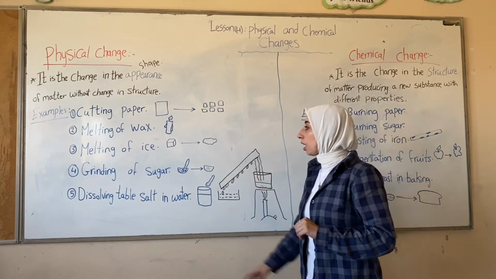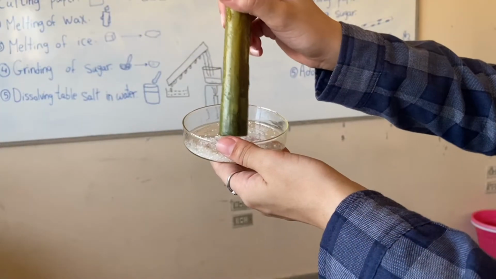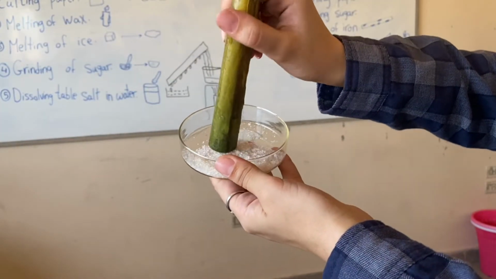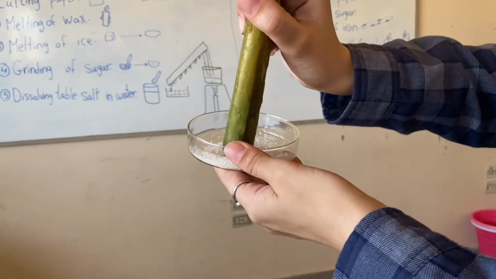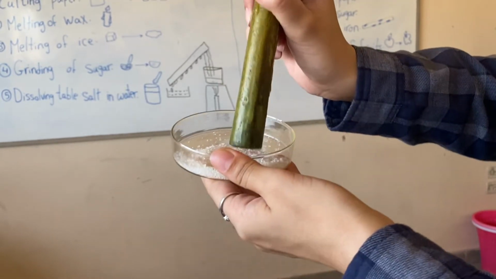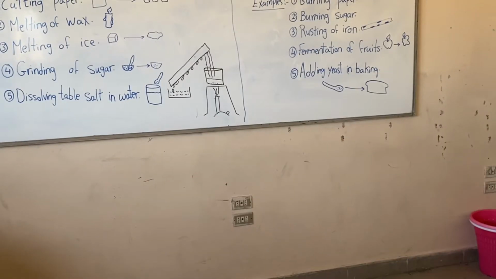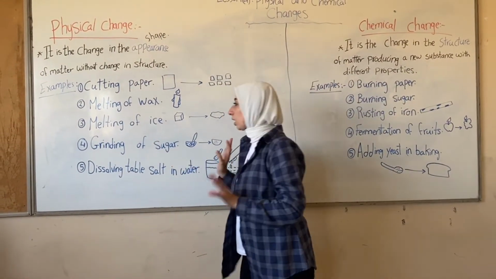Number 4, grinding of sugar. What does it mean by grinding of sugar? It means making its size smaller and smaller, or crushing it. So does the sugar change? Can I taste it and will it be like salt?